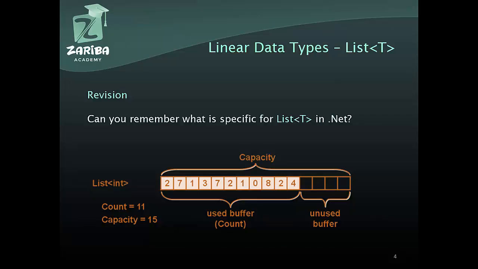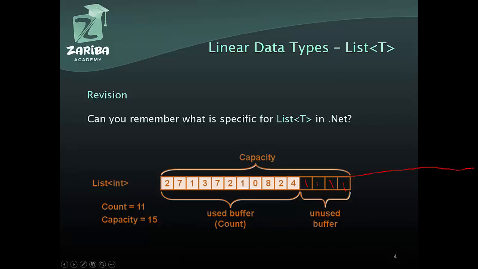Clearly, it's also a reference type. But anything specific? So we have something like an array, but once we add more elements and run out of capacity, like the current array that holds all of our values, what's going to happen is that we are going to be creating a new array which has double the size.